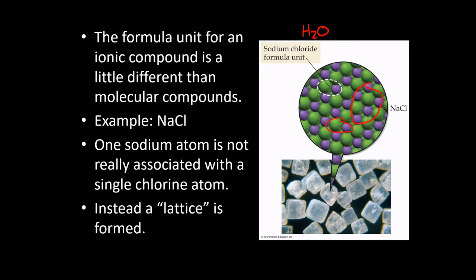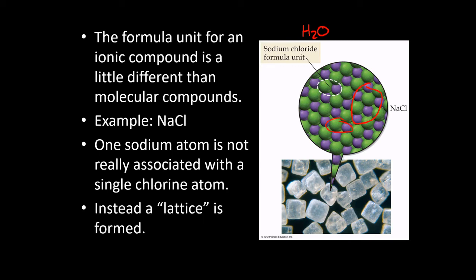And so what scientists have agreed is that we're going to take the simplest formula that describes the whole structure, and that will be the structure for the compound. So sodium chloride, for example, the simplest structure that could describe the whole thing is just NaCl. For every one sodium, there is one chlorine.